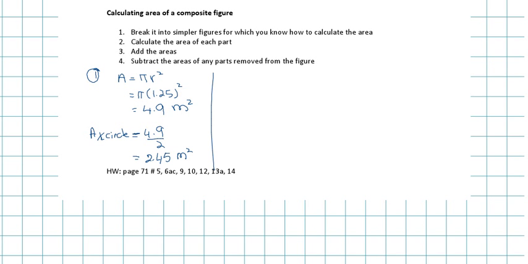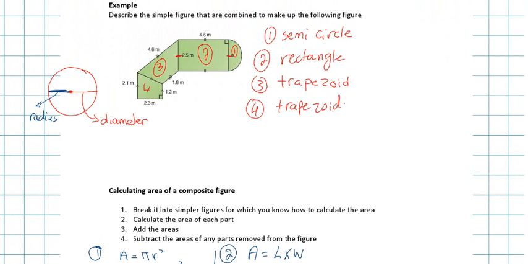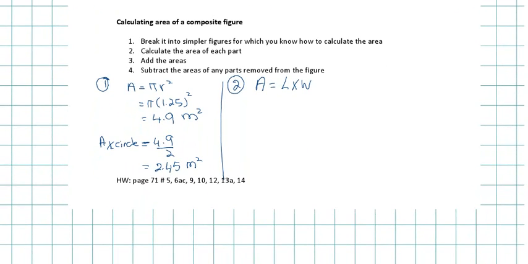So the area of the rectangle is length times width. Okay? 2.5 times 4.6. That's right. You guys tell me on that.